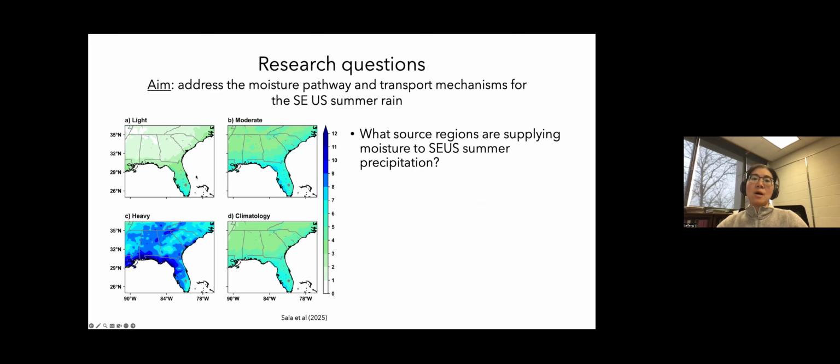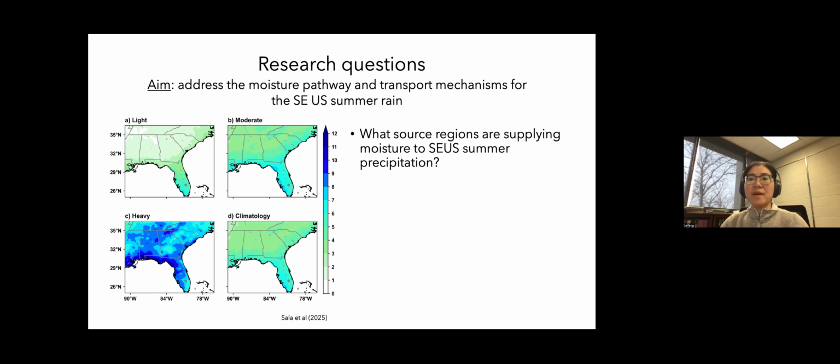For example, heavy rainfall events over the low latitudes, like where the southeastern US is located, tend to be associated with deep convection systems. The passage and landfall of hurricanes tends to bring a large amount of precipitation into the region and create heavy rainfall events.